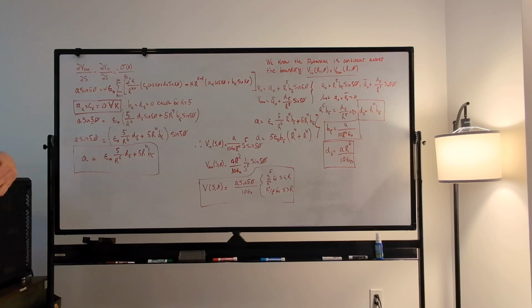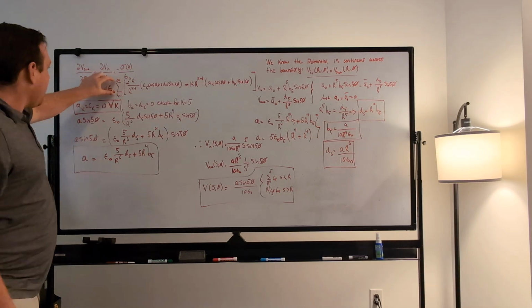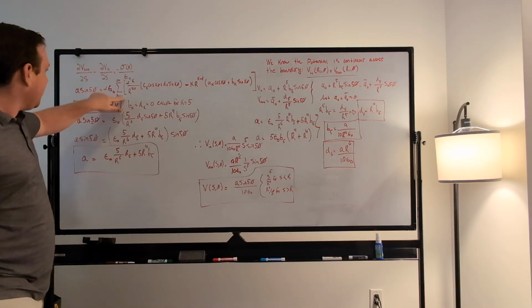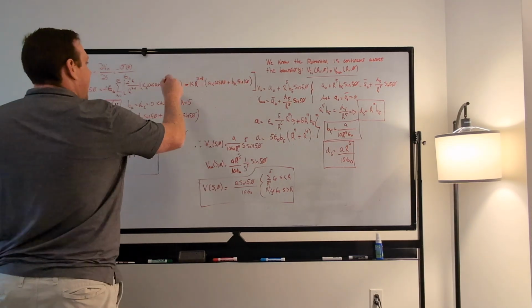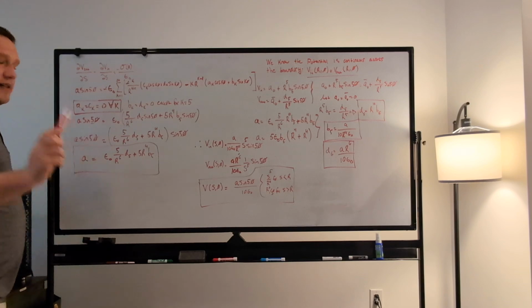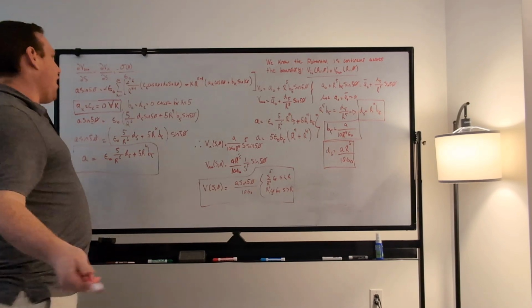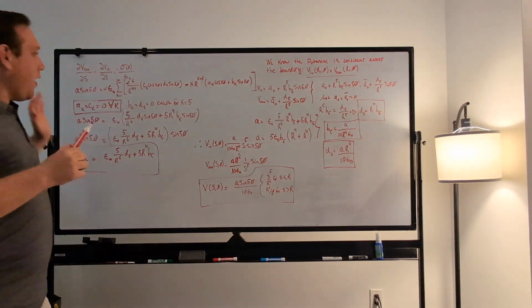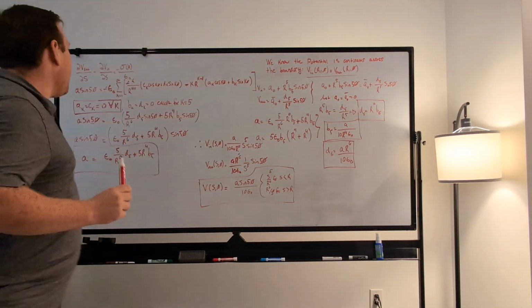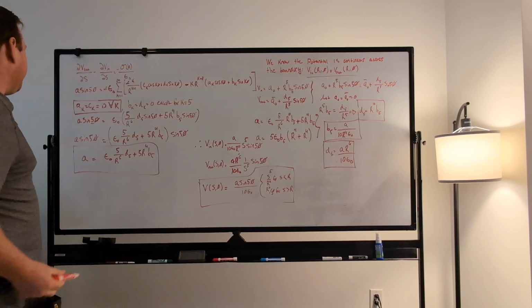So that tells us that the only term in our summation is when k is equal to 5. All right, so that tells us that both b and d are 0 except when k is 5. So we can drop the summation and only write the terms out with k equal to 5.